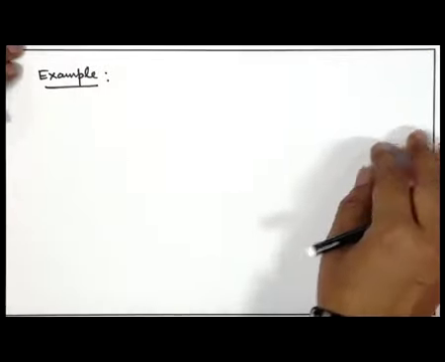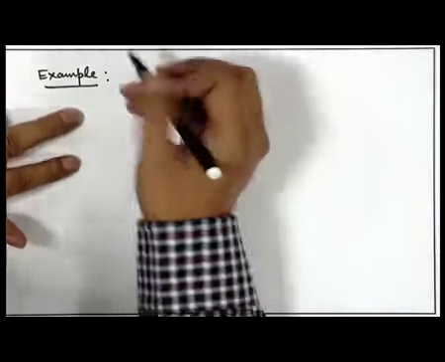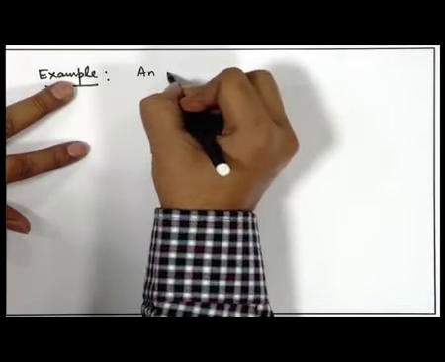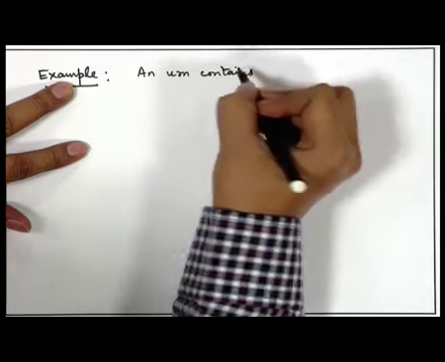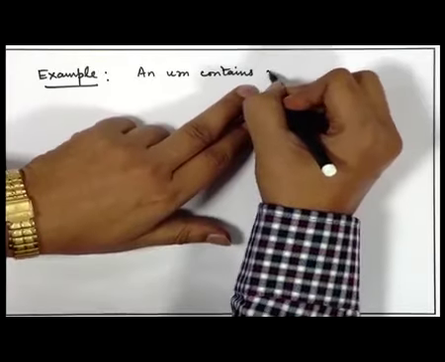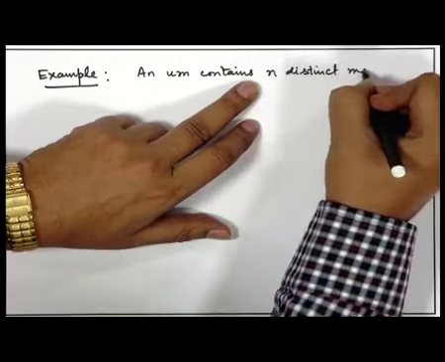Let me give one more example of a discrete distribution. An urn contains n distinct marbles.